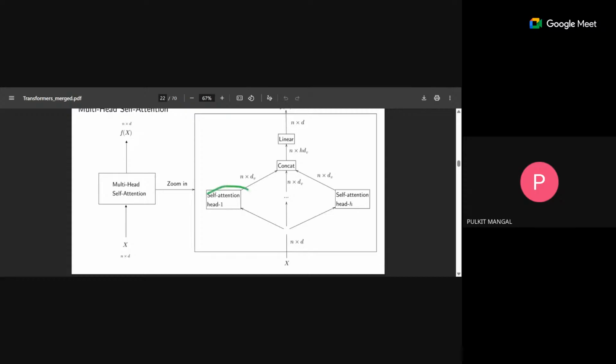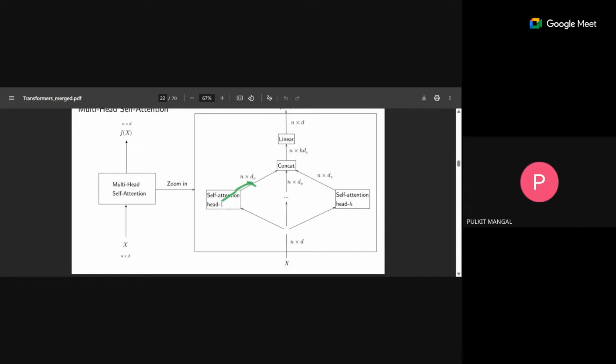Each of these heads will have the same output dimension, which they kept as d by h. As I gave the example, if my d here is 256 and I choose 8 attention heads, then the output dimension of each of these heads would be 256 by 8, which I think comes to around 32.